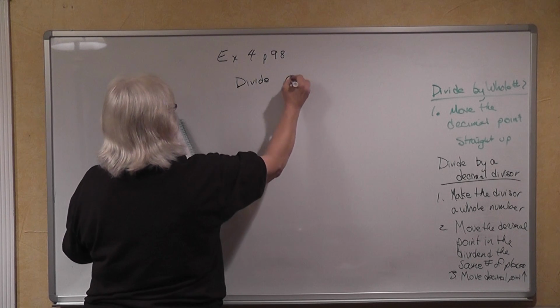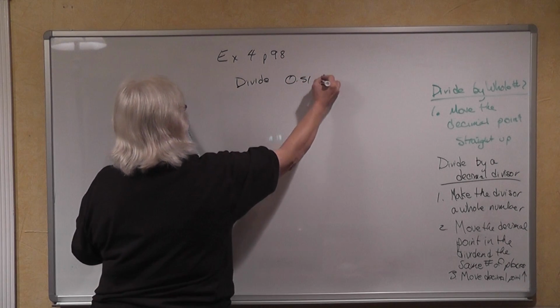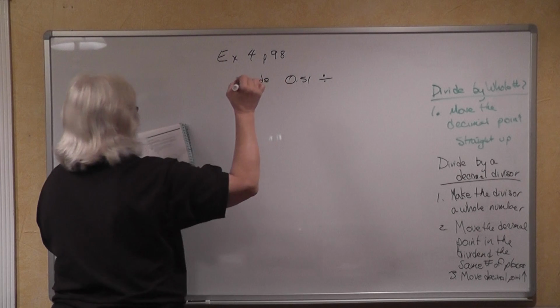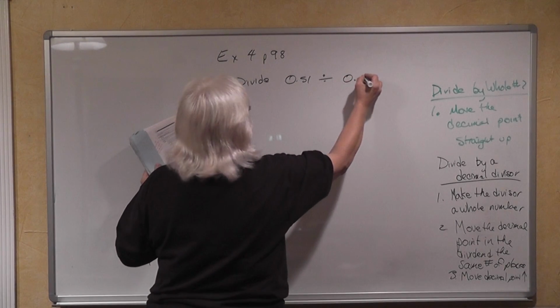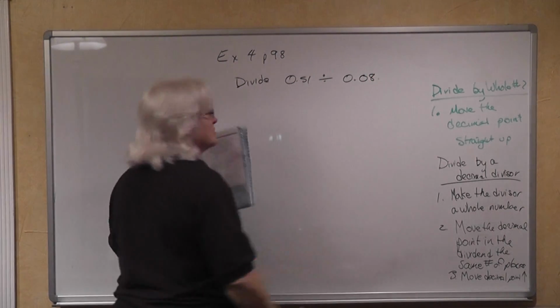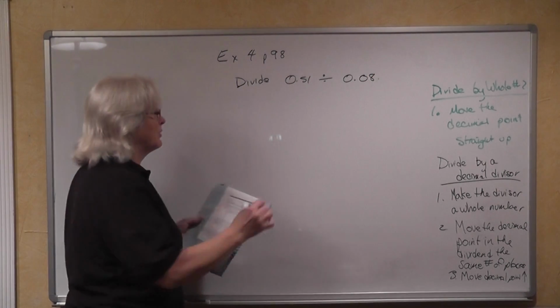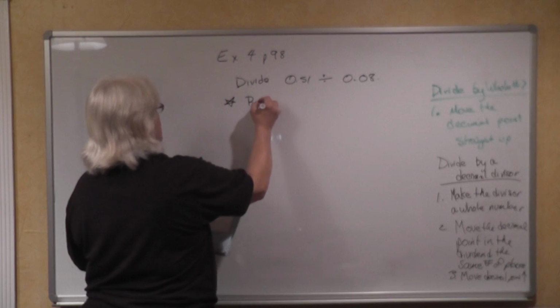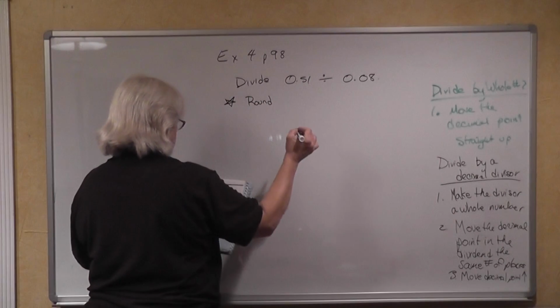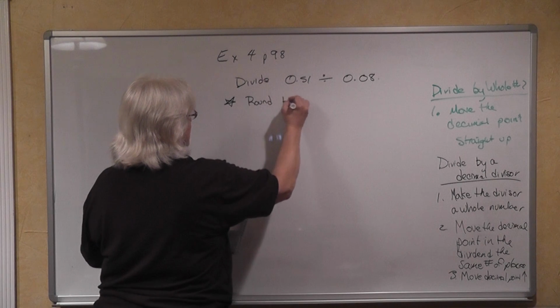Divide 0.51 by 0.08. First part of the problem. Second part of the problem here is key instruction: round to the nearest tenth.